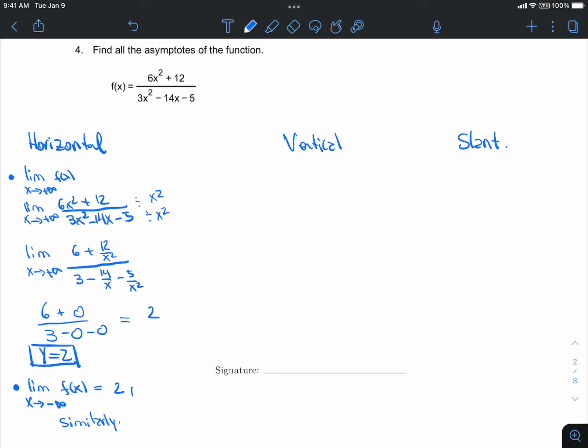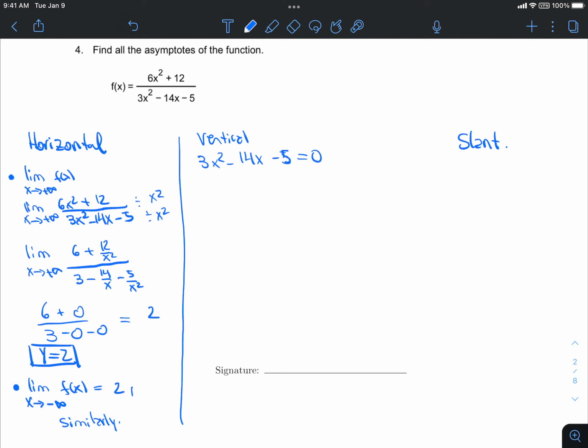For the vertical asymptote, and now I'll save some space, move this over to the left. For the vertical asymptote, you have to check first what are the zeros of the denominator. So 3x squared minus 14x minus 5 equals 0. You have to solve that.